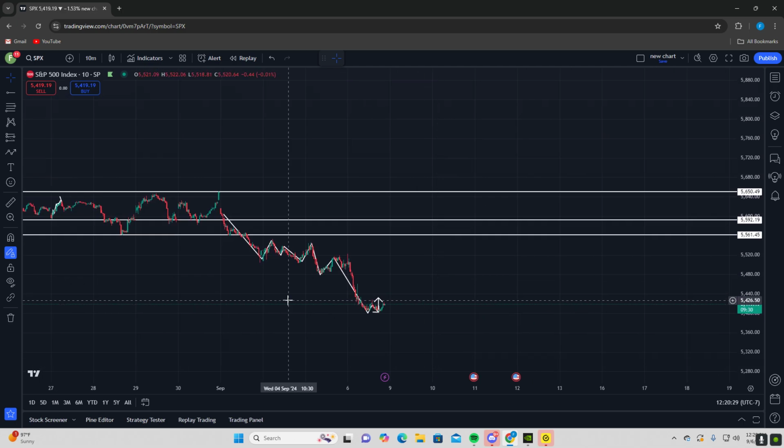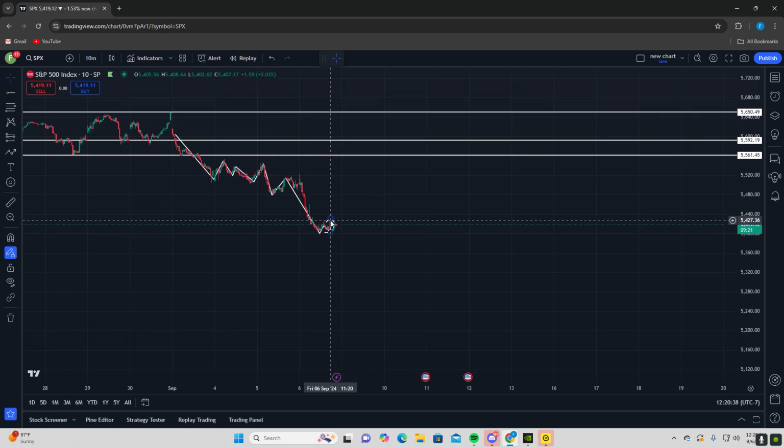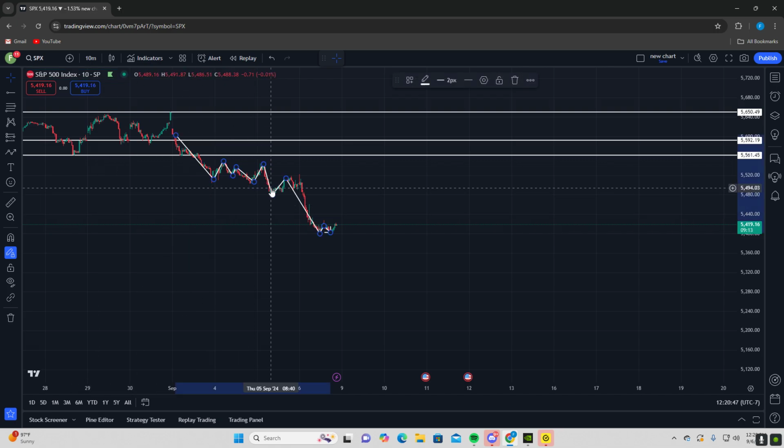We could possibly gap up and then test these highs, and then continue to the upside. We could reverse, or we could gap down, or we could continue making lower highs, lower lows, and basically follow the trend.